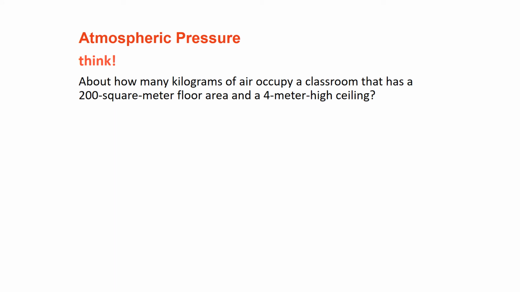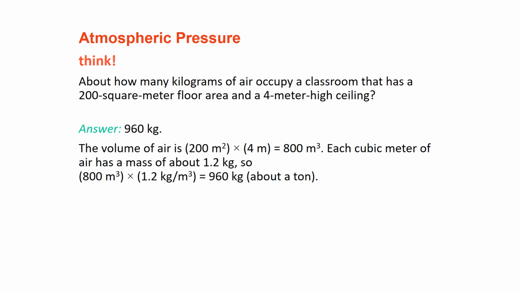Now, a question: how many kilograms of air occupy a classroom that has a 200 square meter floor area and is 4 meters high? The answer is 960 kilograms. The details of the answer: the volume of air is 200 square meters multiplied by the height, which is 4 meters, giving us 800 cubic meters.